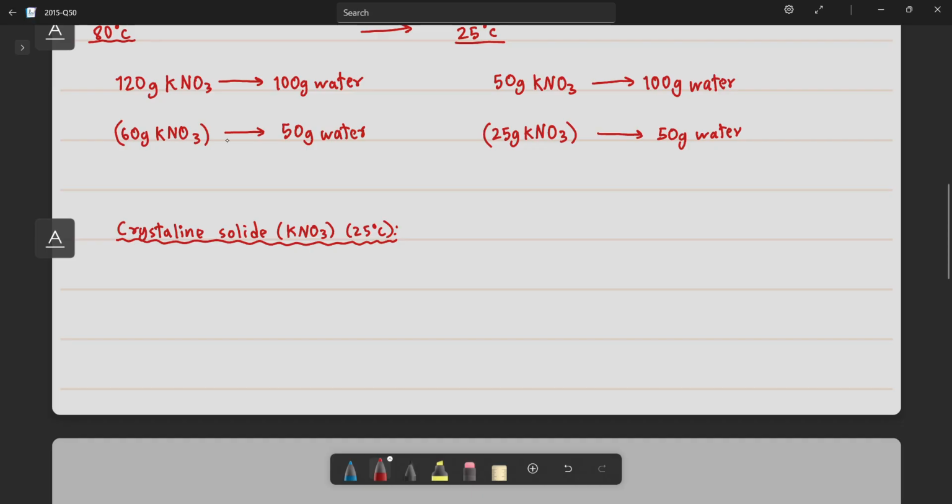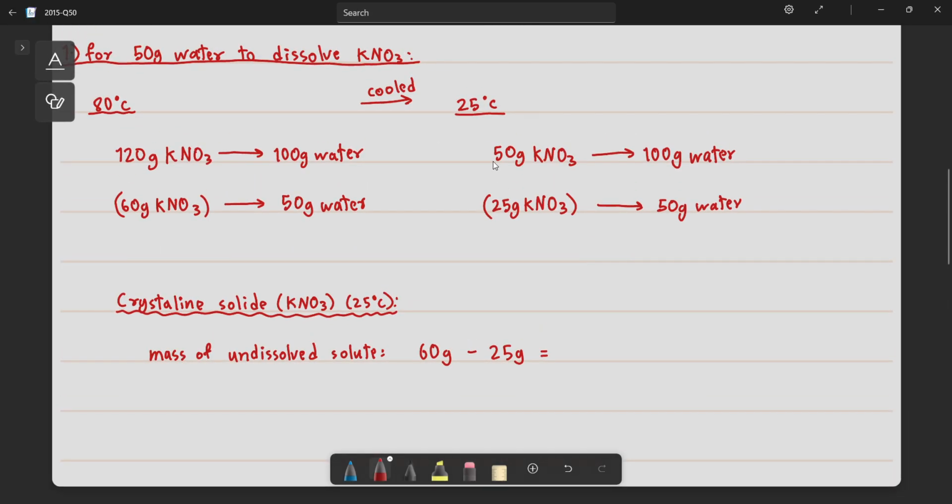that there is a decrease in the amount of potassium nitrate dissolved in the same given amount of water at a lower temperature. With the decrease in temperature, we find the mass of undissolved solute. So we have 60 gram of potassium nitrate subtracted by 25 gram of potassium nitrate from the 25 degrees Celsius temperature.